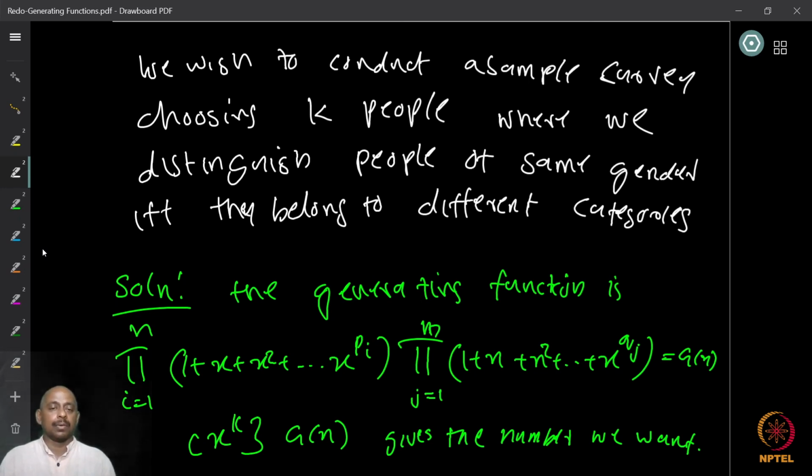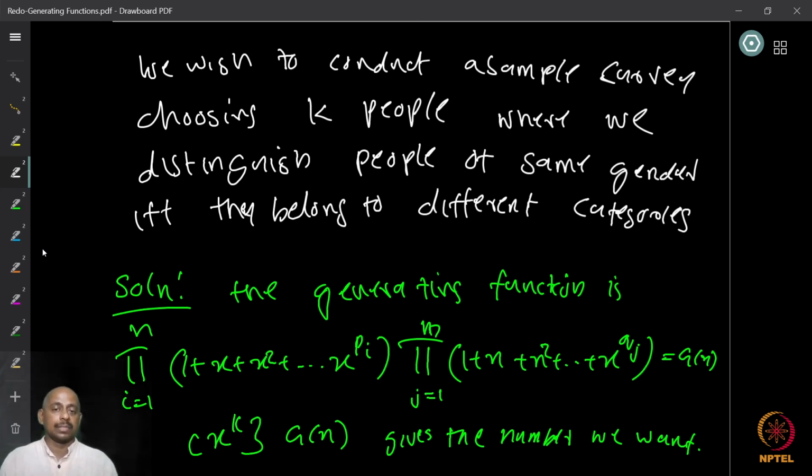So the product for i equal to 1 to n of 1 plus x plus x squared etc. up to x raised to p_i tells the choices for the men from the categories, and then the product for j equal to 1 to m of 1 plus x etc. up to x raised to q_j gives the choices for the ladies from each of the m categories, and this product is the generating function g of x.